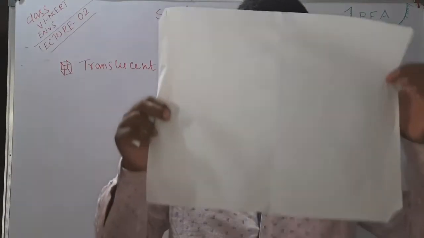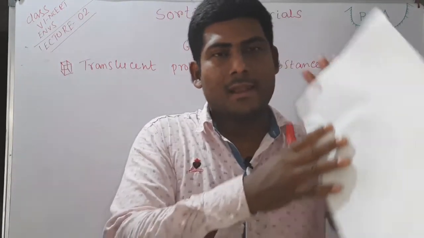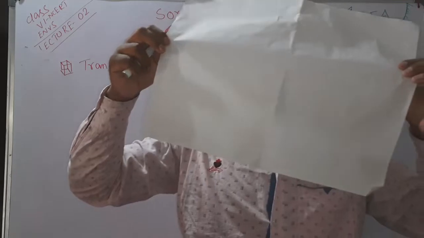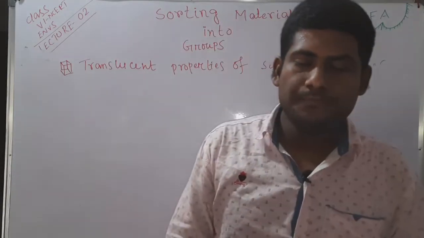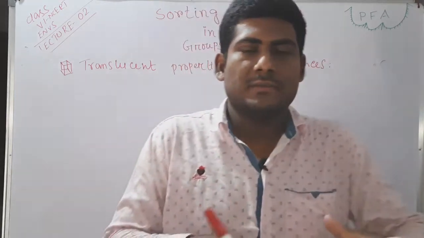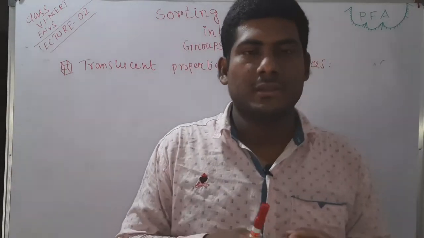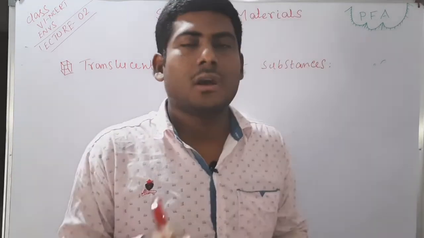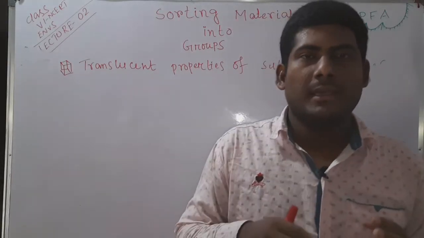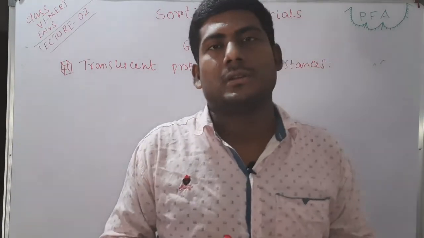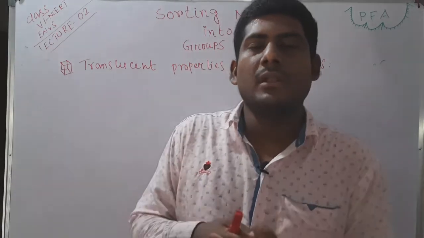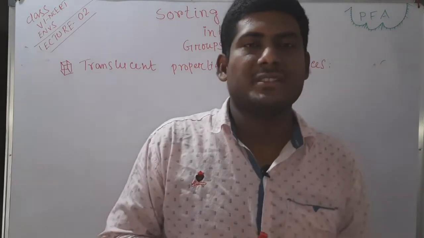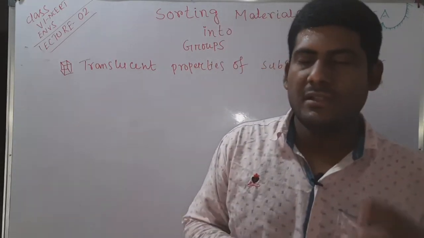Now, if you put some oil on this paper, then you will be able to see. Similarly, there are some substances which normally obstruct the appearance of an object, but when you apply some condition to those substances, it becomes visible to the eye, and this property of substances is known as the translucent property.